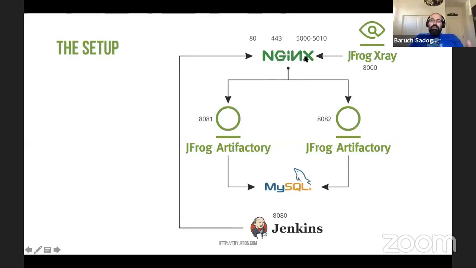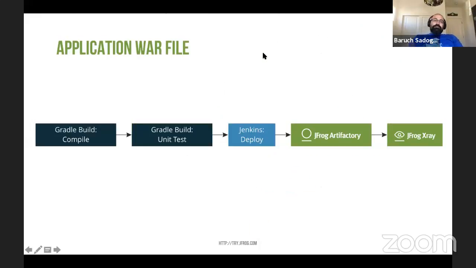This Artifactory instance is watched by JFrog Xray on port 8000, and it watches this Artifactory to realize the artifacts in it. All the jobs that we are going to see are built in Jenkins on port 8080, and the artifacts of the jobs are deployed to this Artifactory, and the dependencies are downloaded from this Artifactory instance.